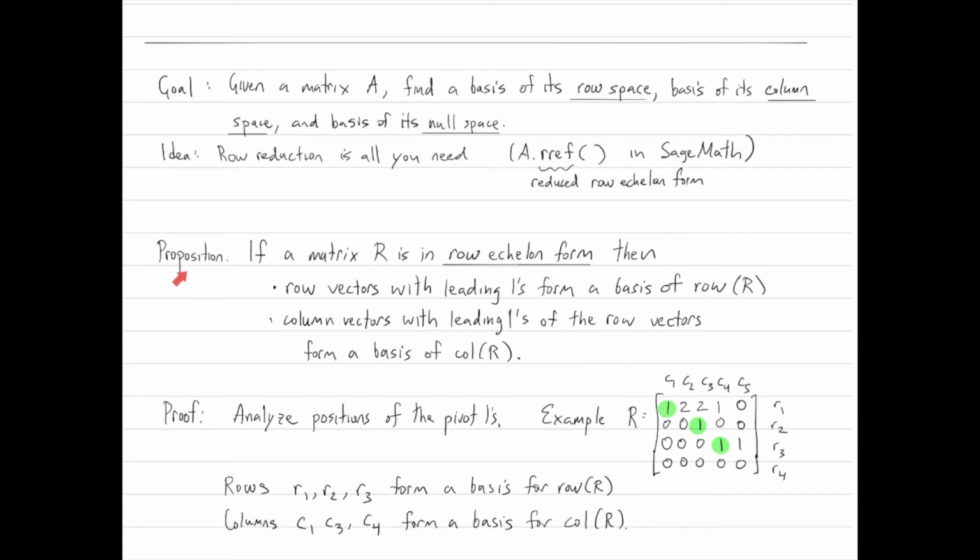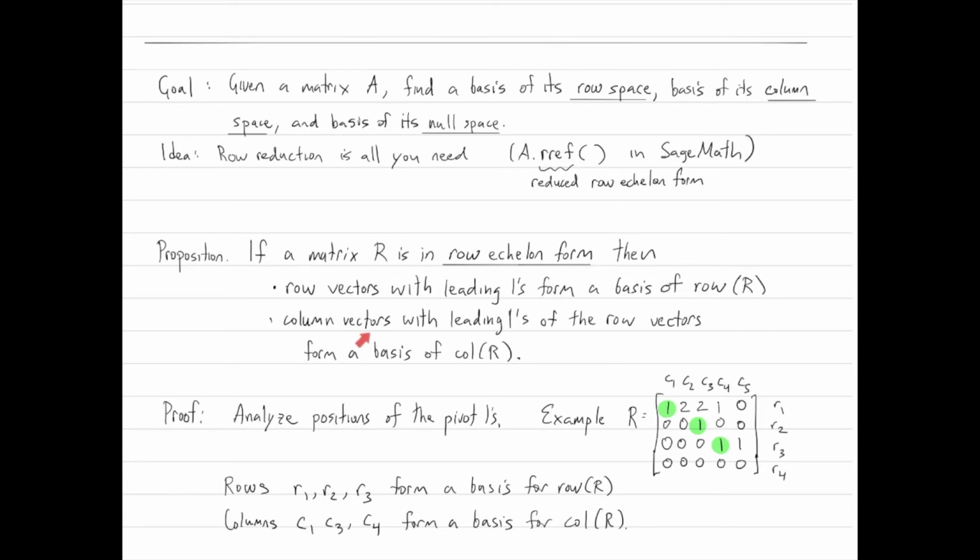And let's look at a simple proposition. If a matrix R is already in row echelon form, not necessarily reduced, but it could be reduced, then the following simple facts hold: the row vectors with leading ones form a basis of the row space of R, and the column vectors with leading ones of the row vectors form a basis of the column space.